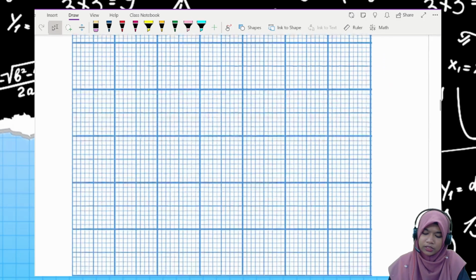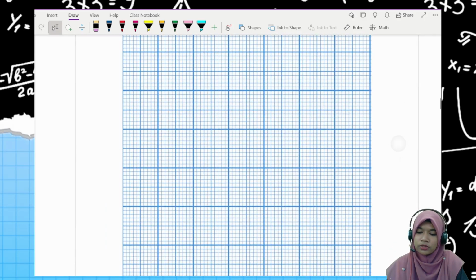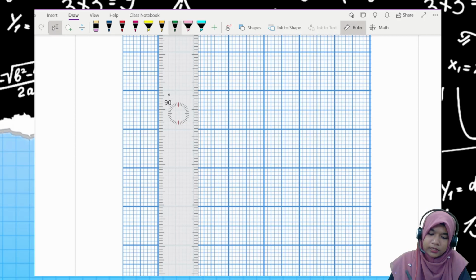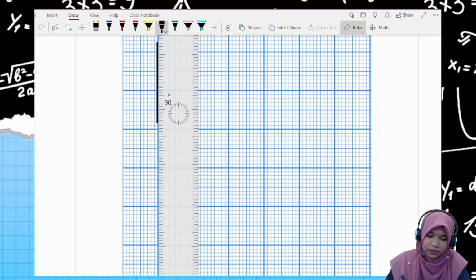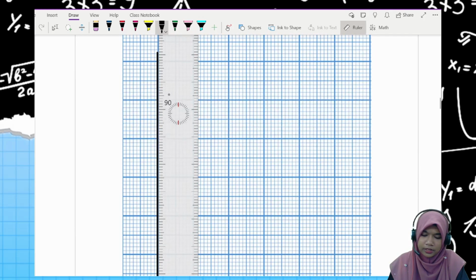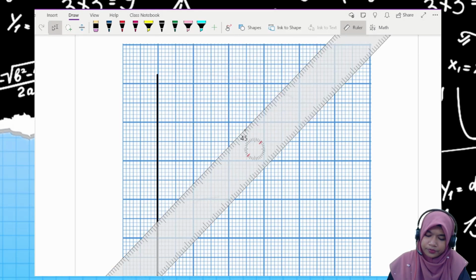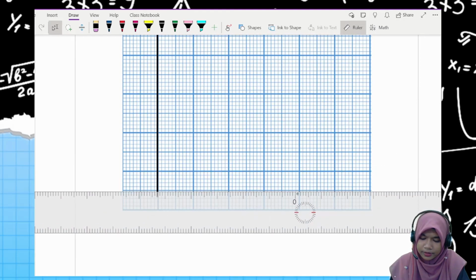It does not give you the scale for the graph, so you can use any scale, but make sure you use a uniform scale. So the y-axis, and then the x-axis.